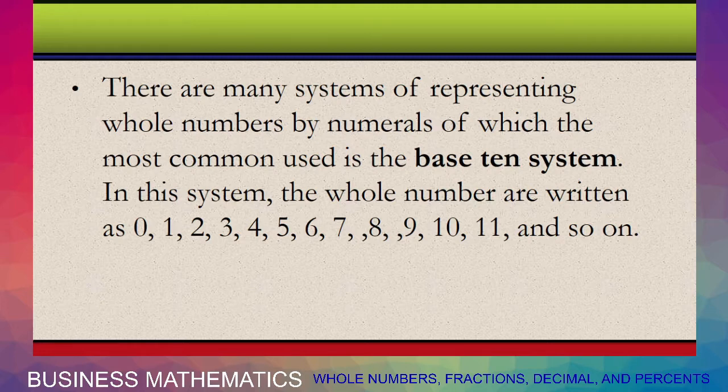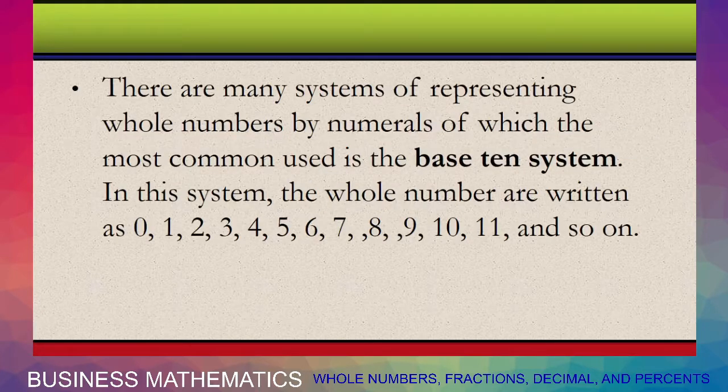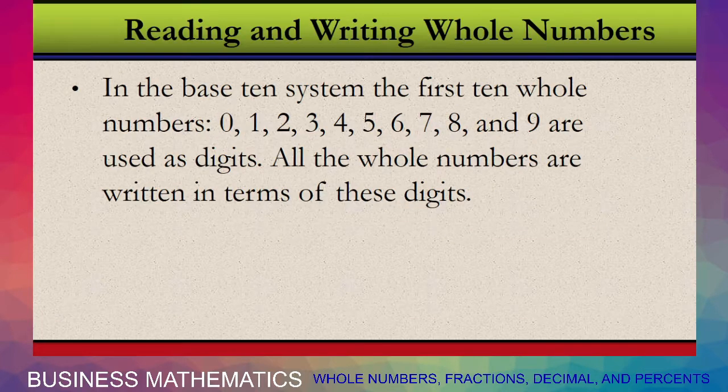So, next. Okay, so in the base 10 system, the first 10 whole numbers, 0, 1, 2, 3, 4, 5, 6, 7, 8, 9 are used as digits. So, all the whole numbers are written in terms of these digits. So, yun yung sa base 10 system. So, yung base 10 system na sinasabi kanina, yun yung mga numbers from 0 to etc. So, walang katapusan.